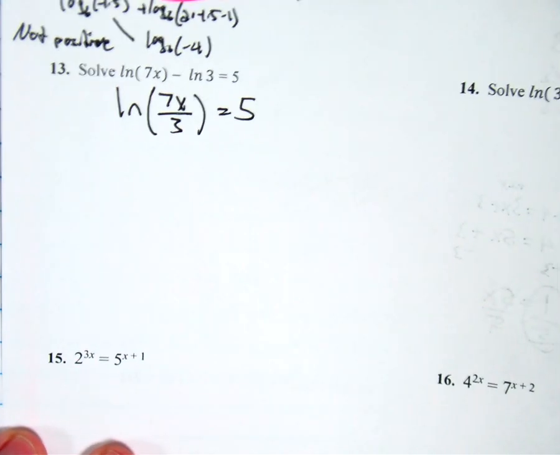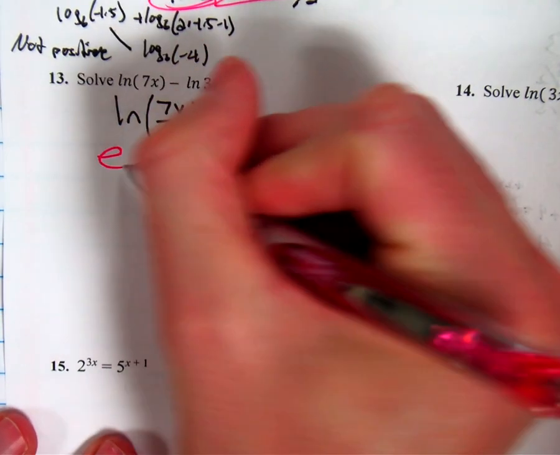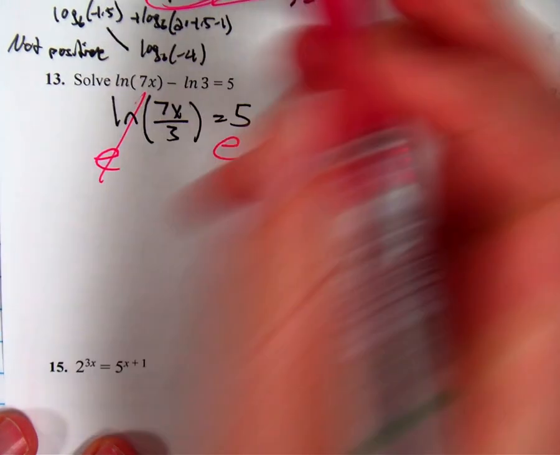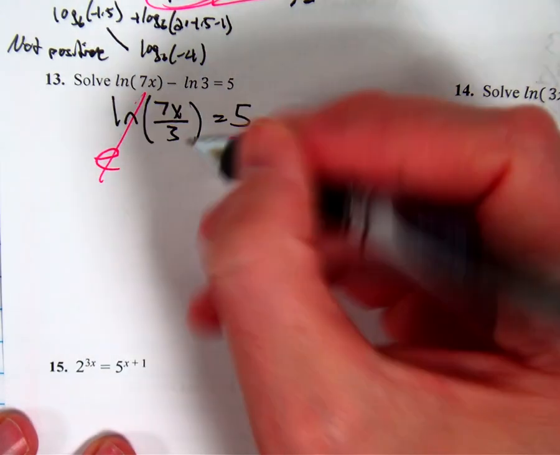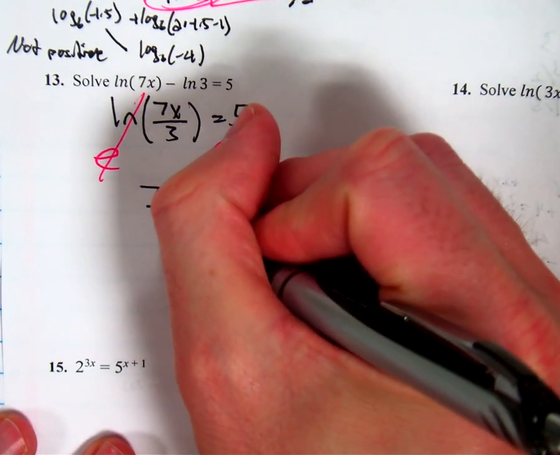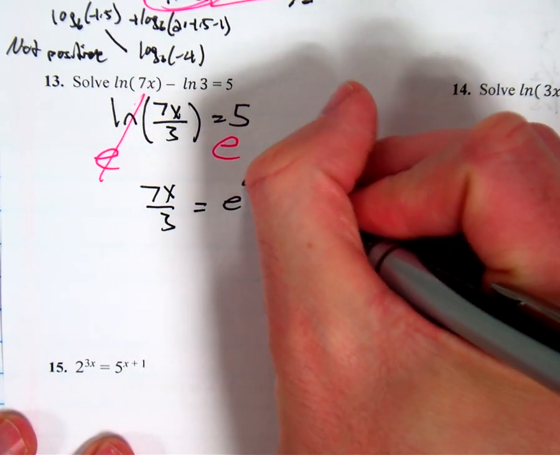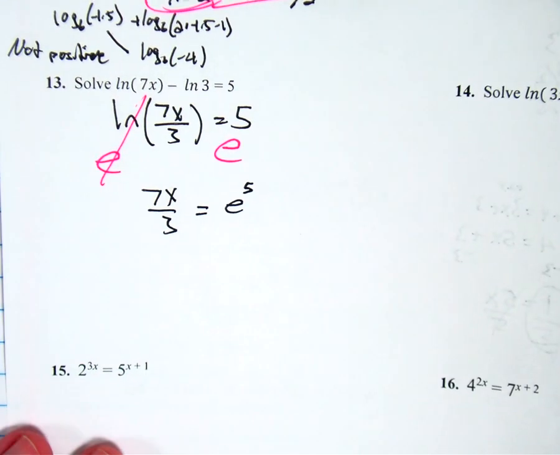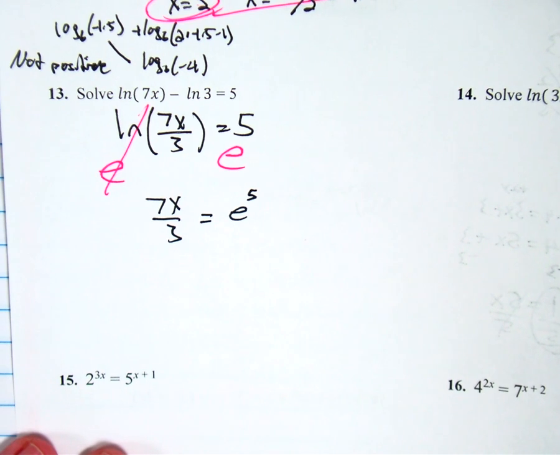Or we also talked about exponentiation, where you bump both sides up as a power of e. E and natural log cancel out. 7x over 3 equals e to the 5th.